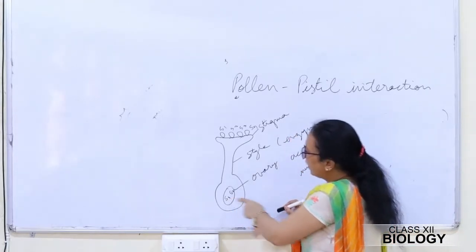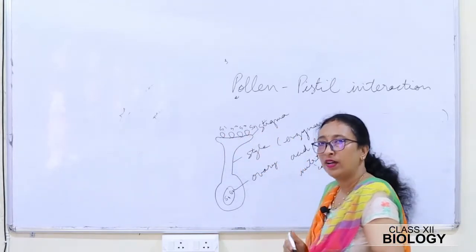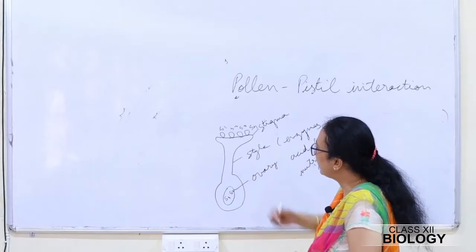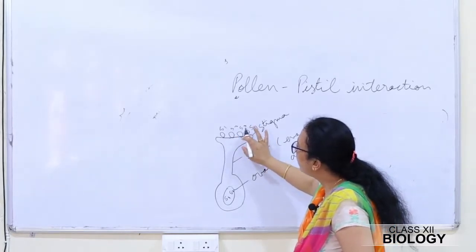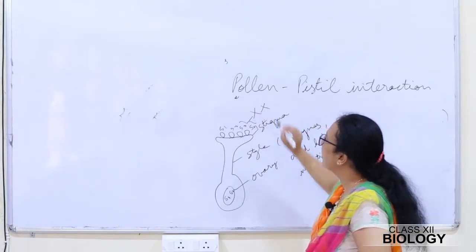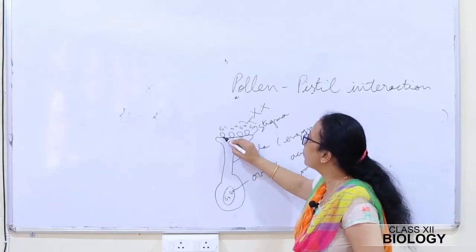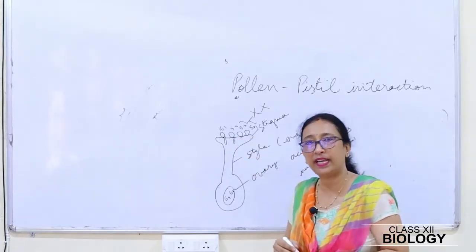It is having S1. So of the many pollen grains which are falling on the stigma, you can see this is the S1 and here is the S2. So these two, S3 and S4, will not be allowed. Only the S1 will gain the pollen tube, from which the pollen tube will emerge.